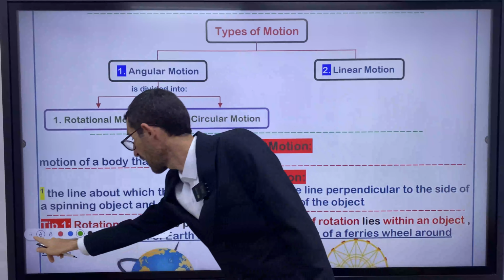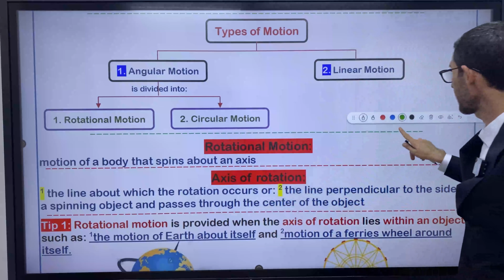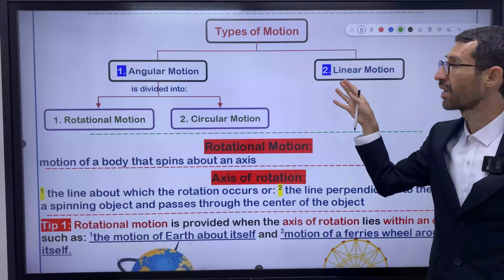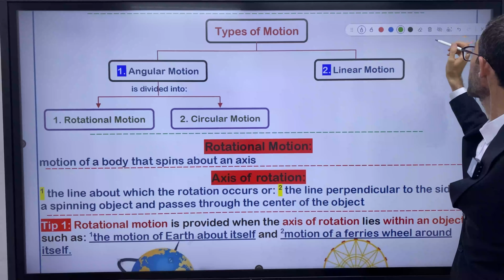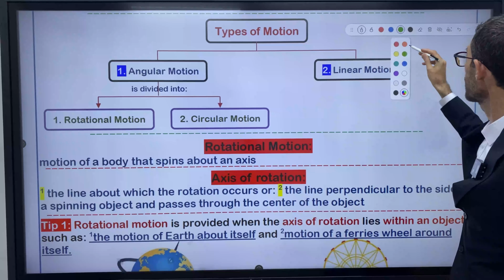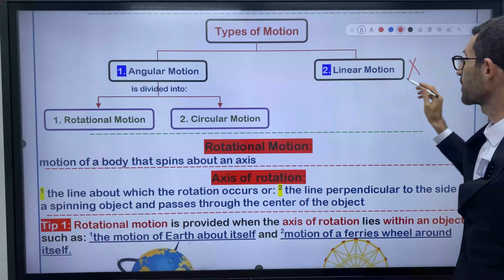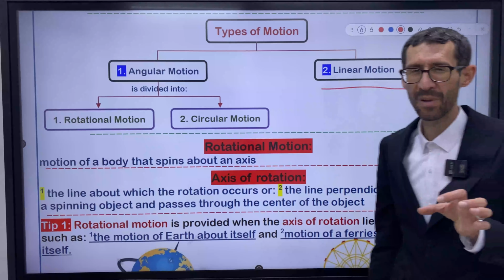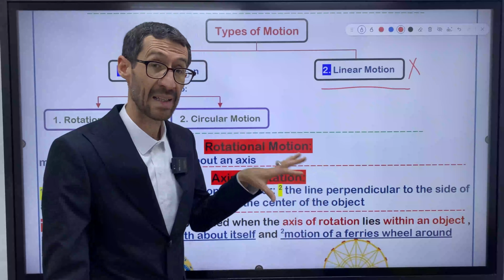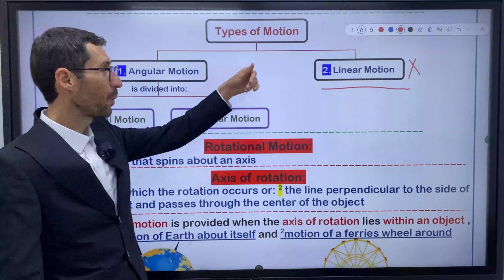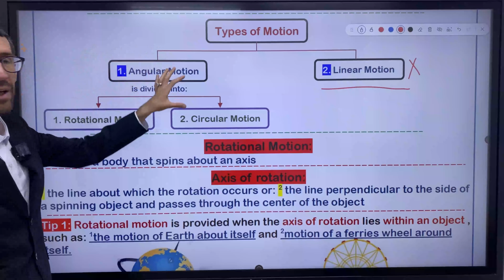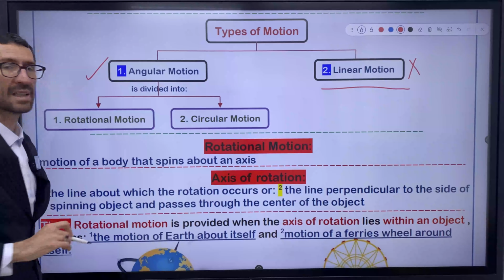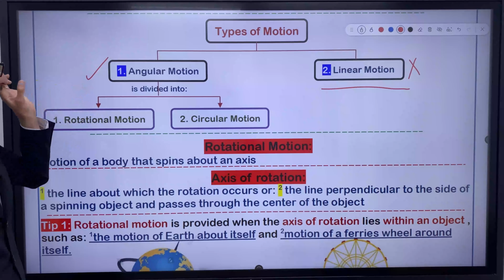Last year we talked about linear motion in detail, right? That's why this year we don't study linear motion, except for some simple questions in this chapter. We focus on angular motion, right? This is our subject.